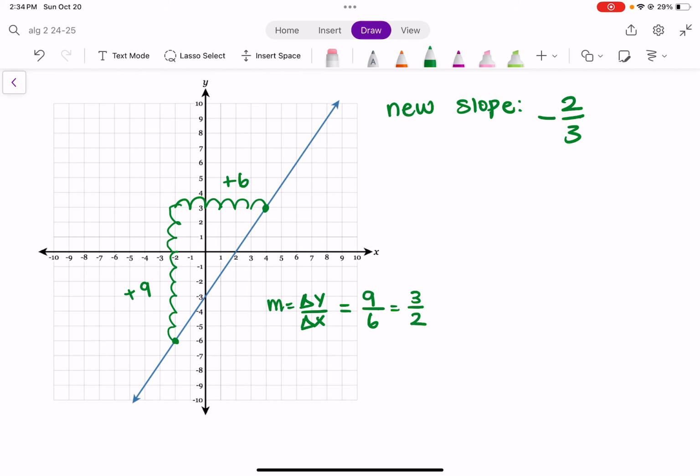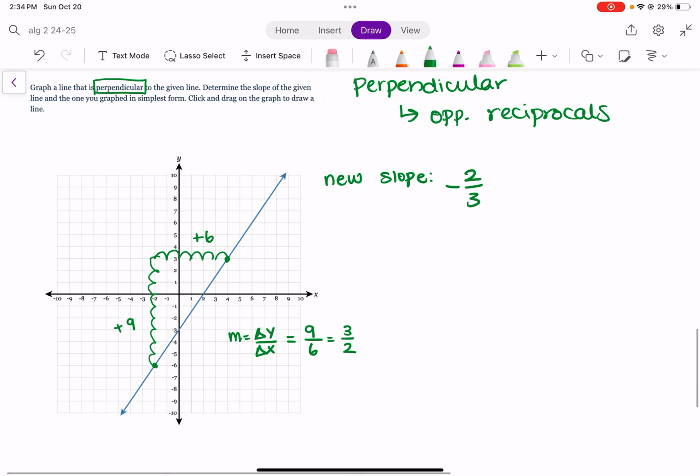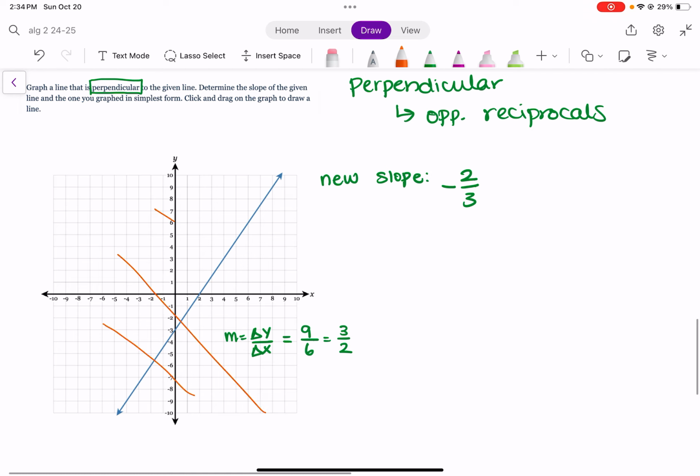Okay, so we are going to graph any perpendicular line, right? There are so many options. And I'm just going to erase this just to help us, right? It could be over here. It could be over here. It could be over here. Don't draw these, but I'm telling you that there are lots of options. So what we're going to do is we're going to just pick a point. It doesn't matter. I'm going to choose this point right here. Now, what I'm going to do is I'm going to use my slope to create new points.